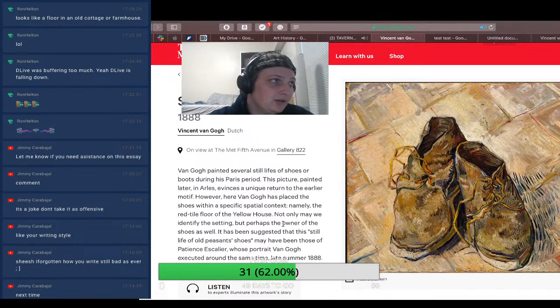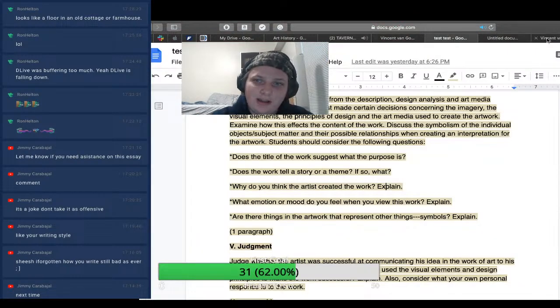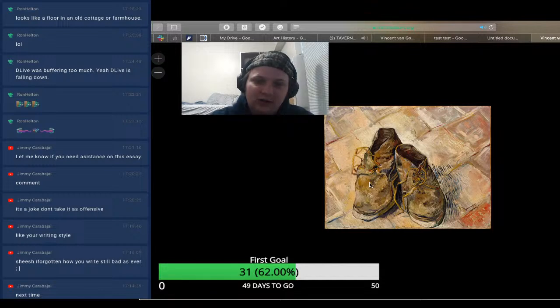The Yellow House was somewhat famous with Van Gogh, and I believe it was a cottage house, if I remember right. So you're basically right, is what I was trying to say. It very much looks like cottage house flooring or tile, and these were shoes of a peasant that they believe Van Gogh painted around the same time. He did a portrait of this same peasant boy or peasant man, as the text later went on to say.